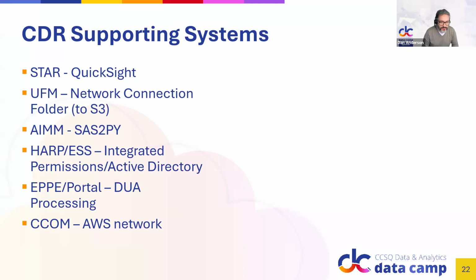One thing that's very important, with all these different data resources that are available in the CDR, is ensuring that only the right people are accessing the right data sources.